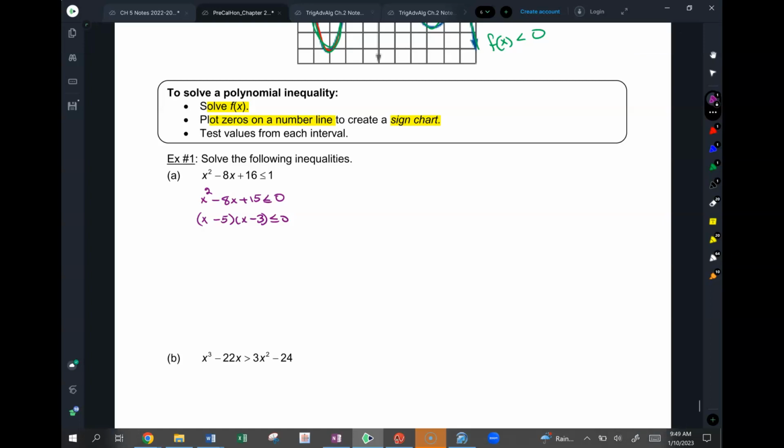All right, so what are the values that make this 0? 5 and 3. So we're going to put 5 and 3 on our number line. Now we're going to test values. The easiest way to do it is to plug into this.